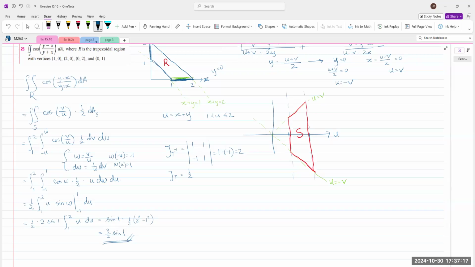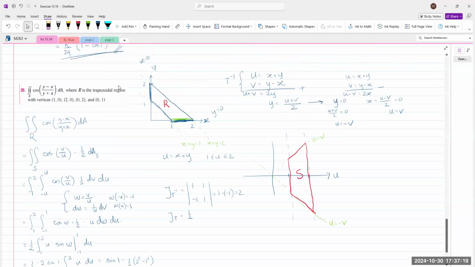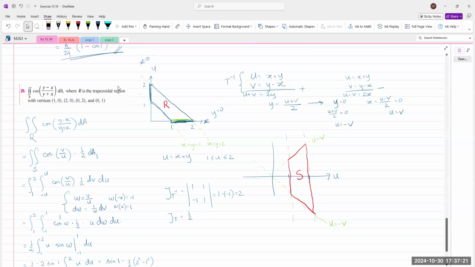Now, notice that I actually spend more time in setting up than to integrate. In other words, don't think that you spend too much time with setting up. It is normal.